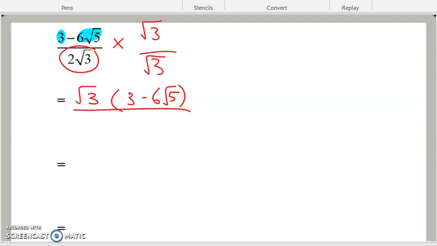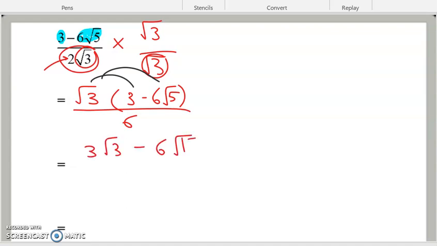You definitely don't want to do too much in your head and then make mistakes. Now on the bottom, let's multiply the root 3's. That gives me 3, and then I'll times by 2, gives me 6. From there, I can now expand my brackets. So if I expand my brackets, I get 3 root 3 minus 6 root 15, all on 6.